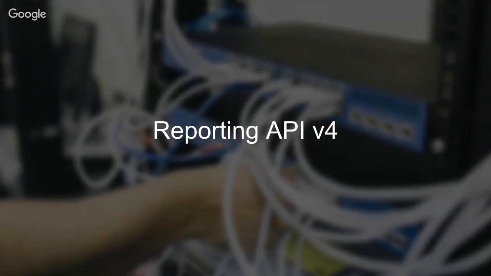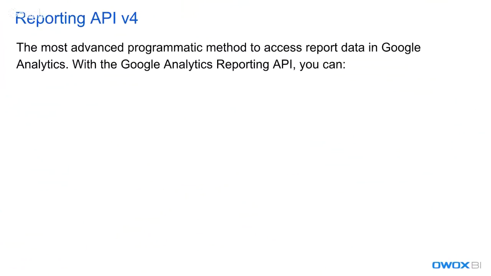And now let's move on and talk about the most popular Google Analytics API among Google Analytics users. It is called reporting API. The Google Analytics team said that this is the most advanced programmatic method to access report data in Google Analytics.